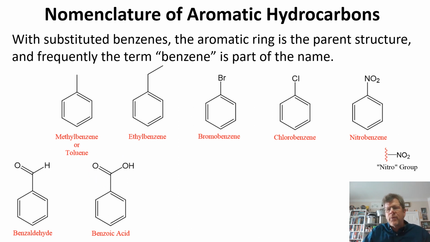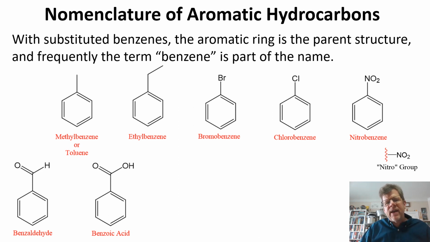So a couple of these now, while they don't have benzene in them, they have a contraction of benzene in them. So we see that echo within it. There are some parent structures, however, that have colloquial names that are lost in antiquity, and they just have endured through, so we have to memorize them.